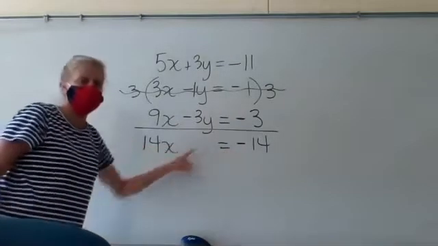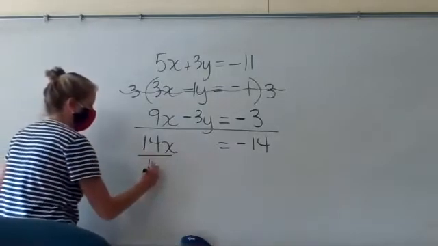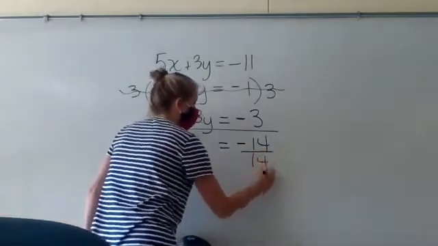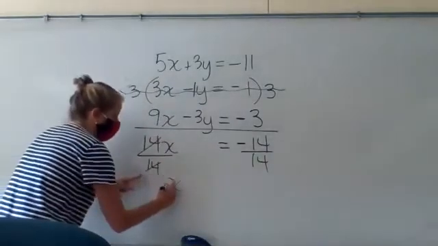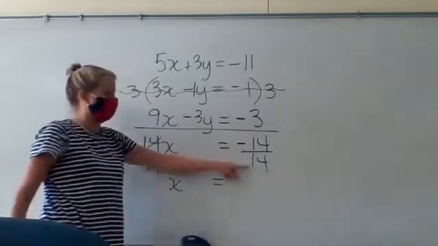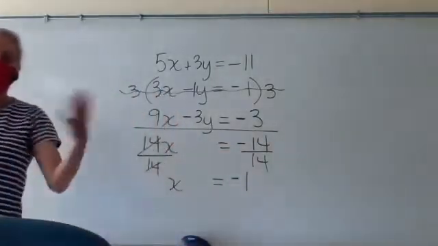I have one equation with one variable to solve for now, so I'll divide both sides by 14. My 14's cancel, so x equals -14 over 14, which is -1. So there's your x.